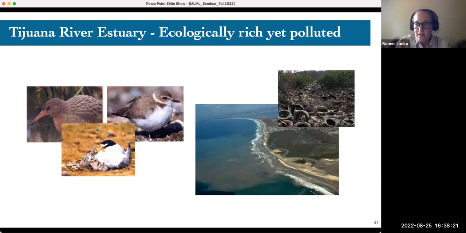If you go there after it rains, it's incredibly polluted, and that pollution flows into the estuary and out of the mouth and into the ocean here, which is one of the reasons why we don't have a lot of offshore data here. It's just not safe for us to get in the water as much on our jet ski. And in fact, if you ever go there and you're hanging out there after a recent rain, do not get in the water. You can get very sick. So a complex place.